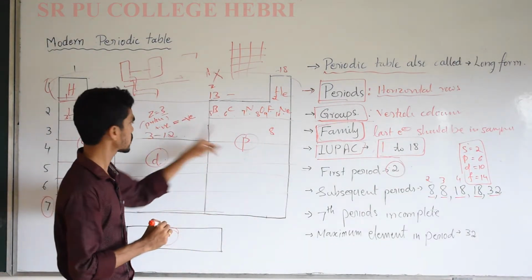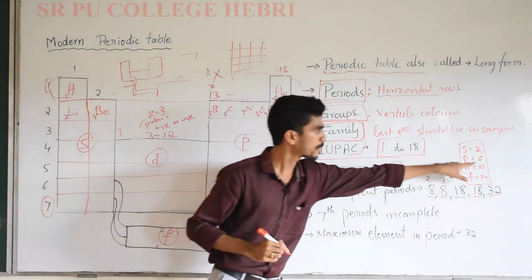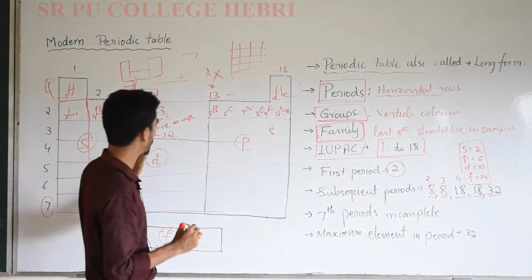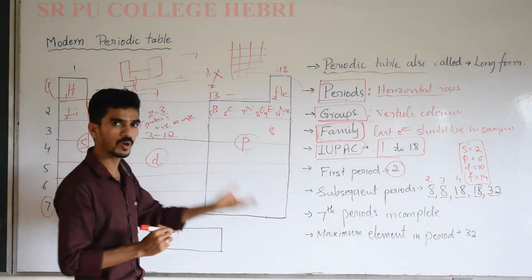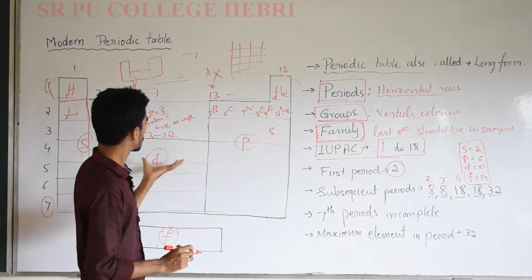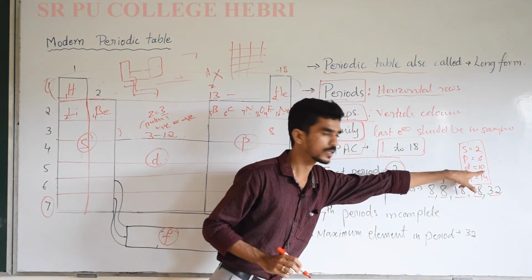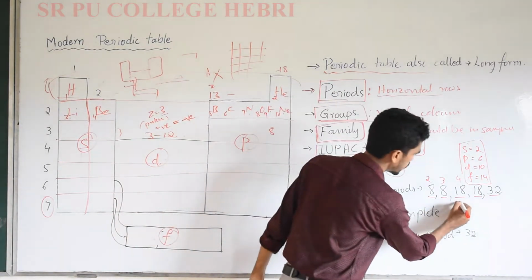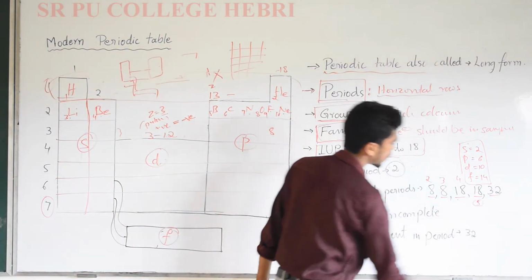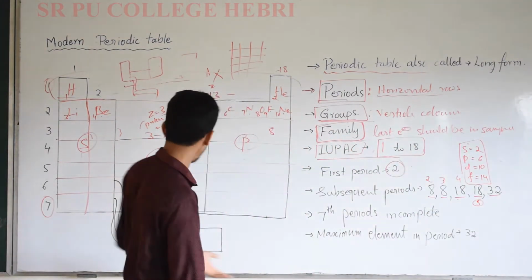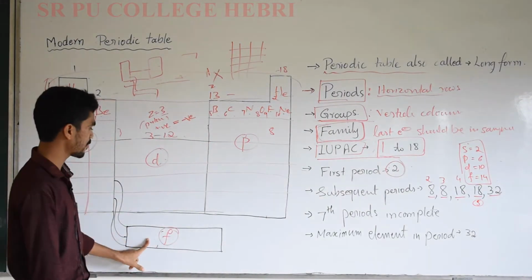Only S and P are there: S 2 plus P 6. But after the 4th period the D block will come. D gets 10 electrons extra: 2 plus 6 plus 10 equals 18. So the 4th period has 18, the 5th period also has 18 elements, and the 6th period has the F block.